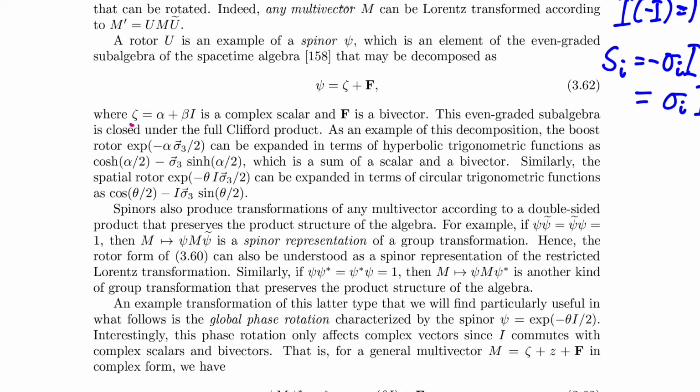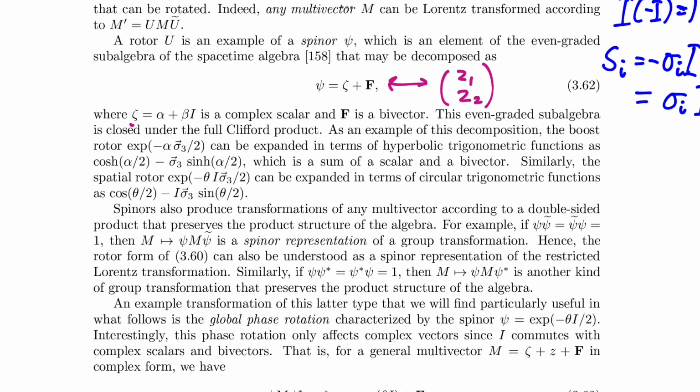the even-graded subalgebra. Now, what you and I know spinors are is totally different. We know spinors as two-dimensional, well, as column vectors, 2D complex column vectors, right? That's a spinor, and it's got its row vector counterpart. So evidently, there's some correspondence between these things, right?